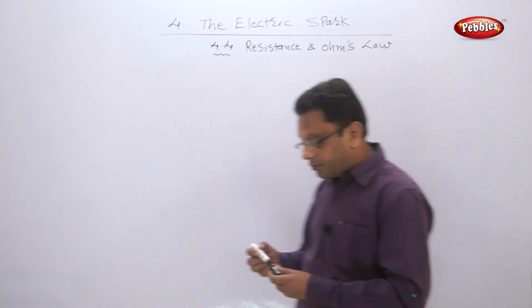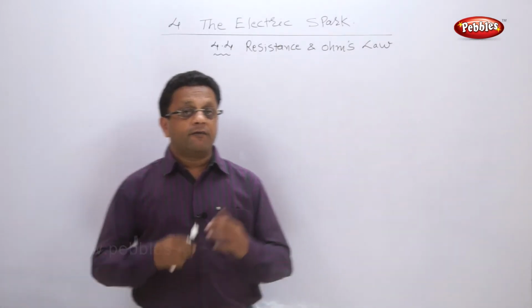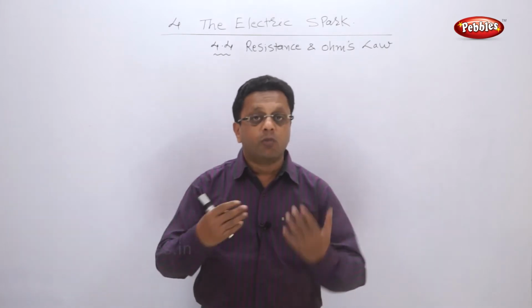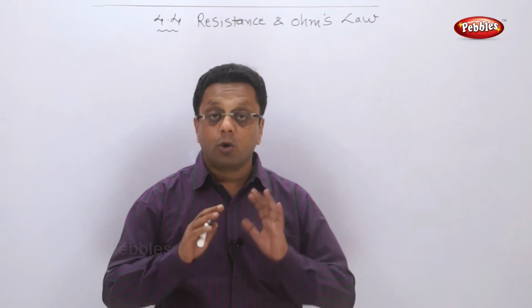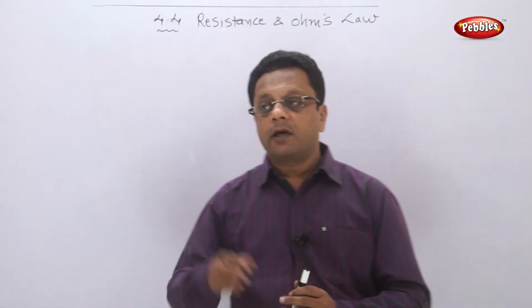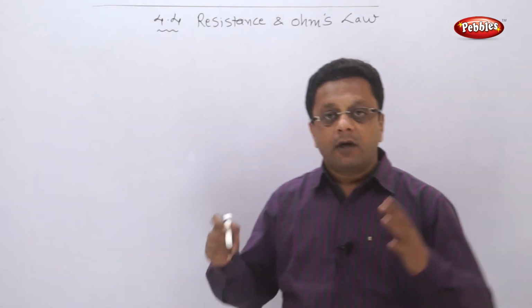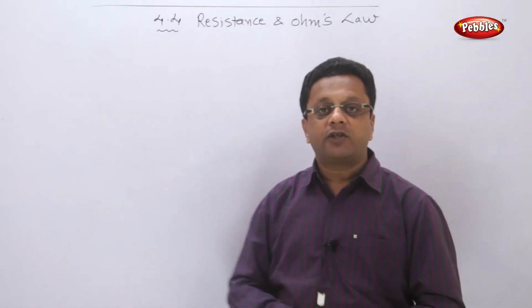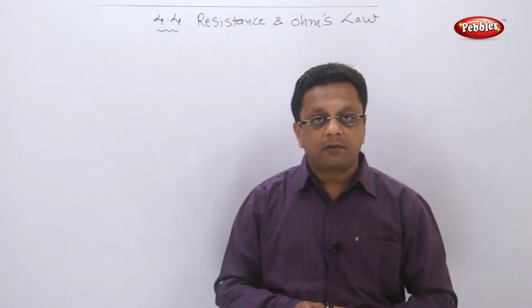So now you can easily understand that whenever the resistance is more, the flow of current is slow or low, and whenever the resistance is very high, the current cannot easily pass through it. It is just like when 10 or 20 students are passing through a very narrow passage, what will happen?